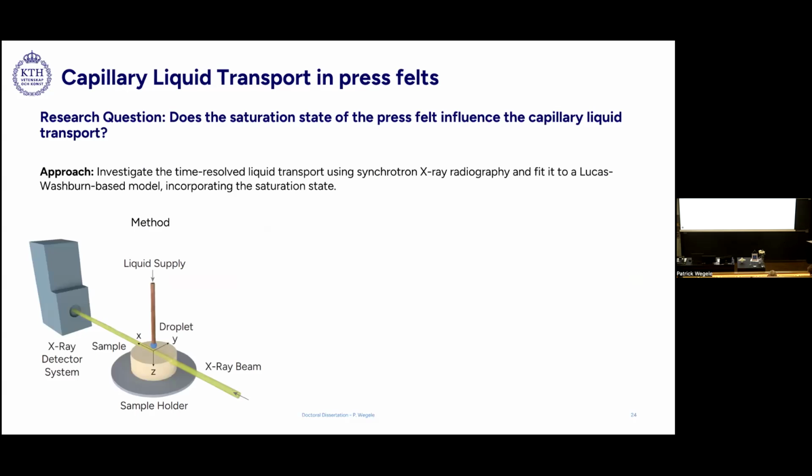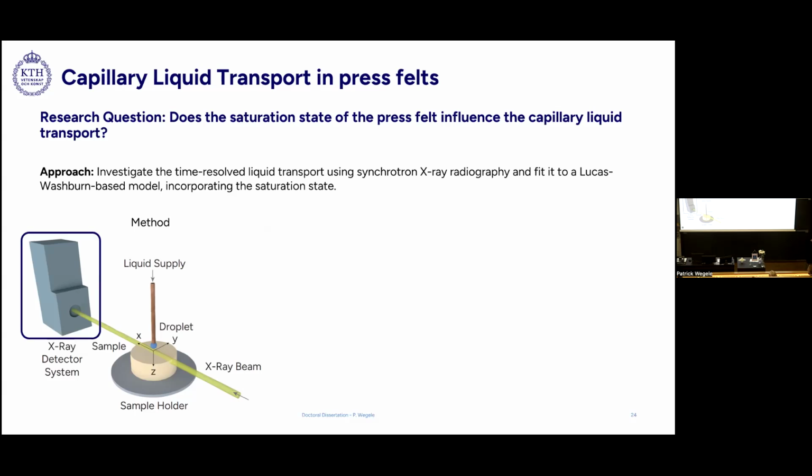The way it works is that we had a piece of press felt and applied subsequent droplets of water on this piece of press felt. At the same time, we applied an X-ray beam and directed this X-ray beam through the uppermost bed fiber layer and recorded the whole process on an X-ray detector system.